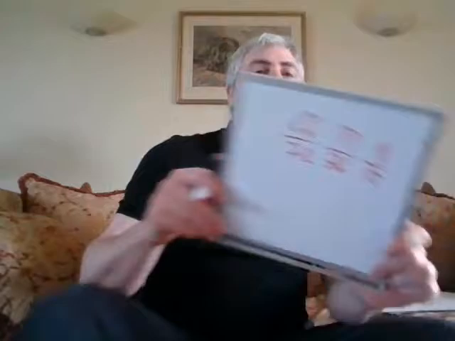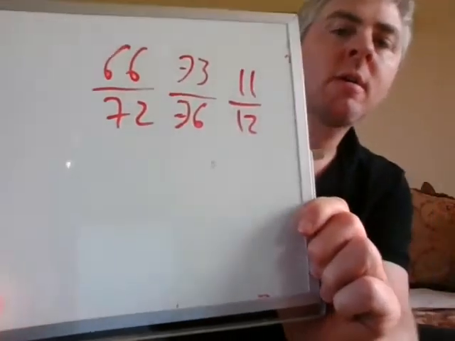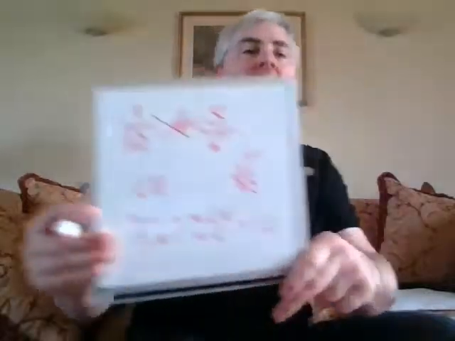So you could do it this way, 33 over 36 and 11 over 12. So that 11/12 I think is the final answer. I think anyway. Yeah, 66 over 72, 33 over 36, 11 over 12. So 1/12 plus 5/6 is the question there. And then the answer's there.